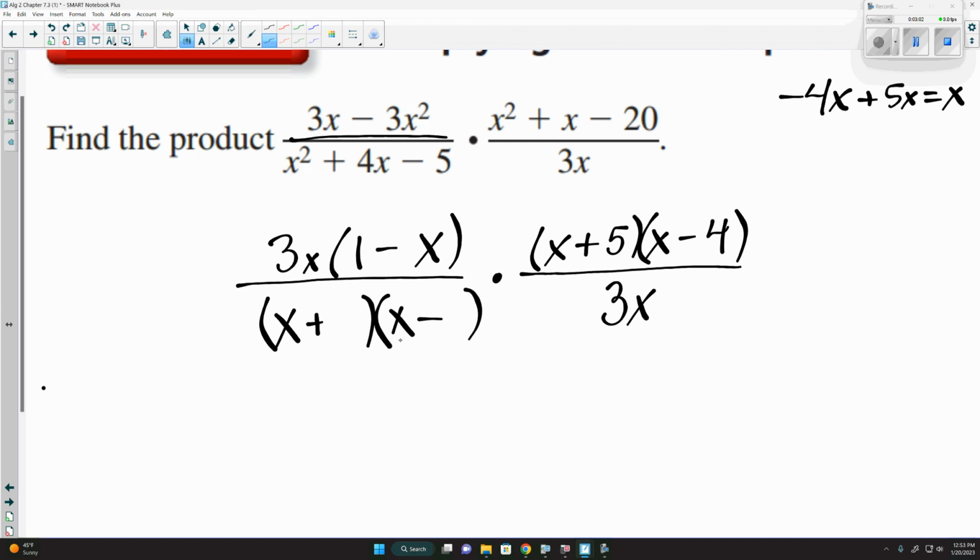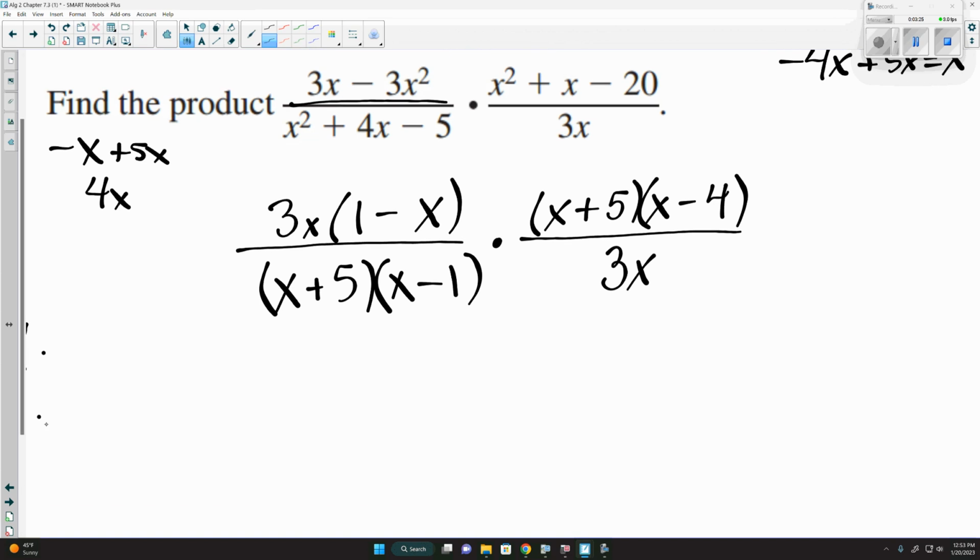Which one should be positive? 5. Because if we want something to simplify out, we already have an x plus 5 on top. It'd be nice to have an x plus 5 on bottom for them to cancel. And if we check this here, x times negative 1 is negative x. 5 times x is going to be plus 5x, which does give us a positive 4x. Any questions on this here?